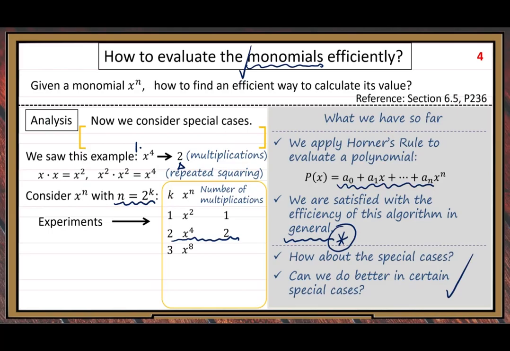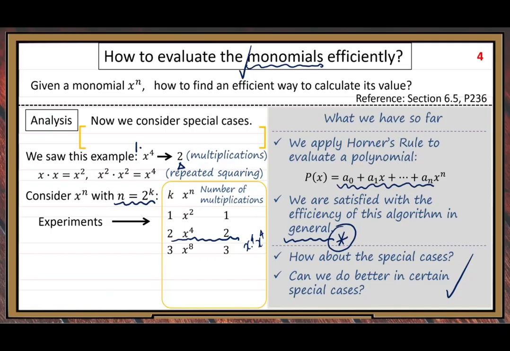To get x to the 8th, you just need 1 more multiplication, right? So you only need to do x to the 4th times x to the 4th. Another squaring operation. So repeated a second time. So you get 3 multiplications and so on.